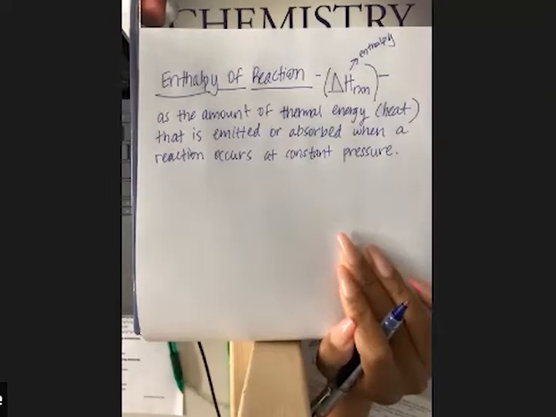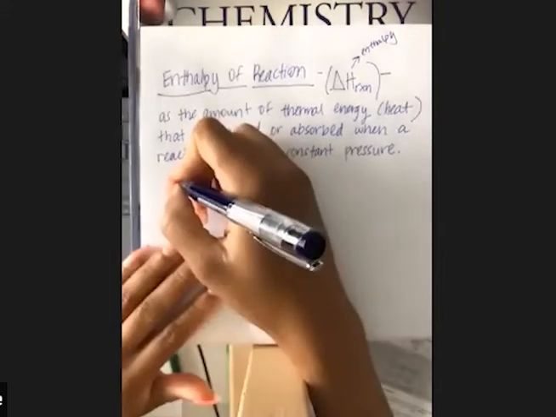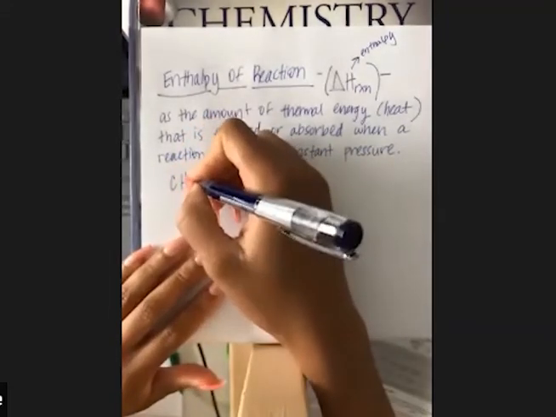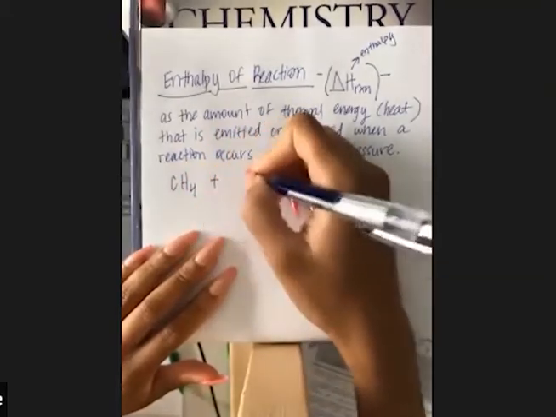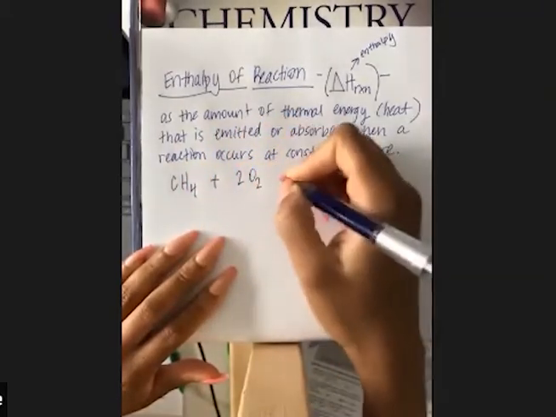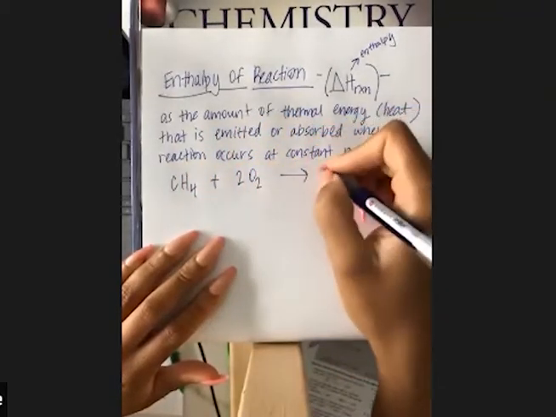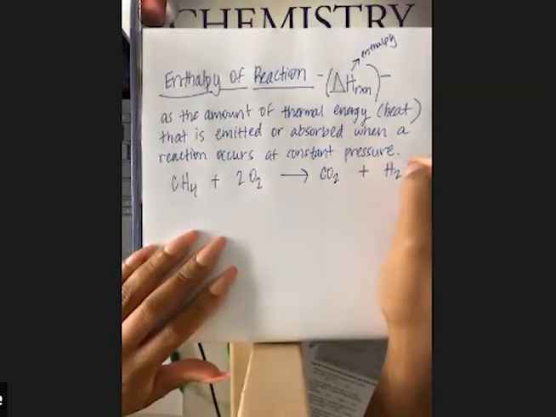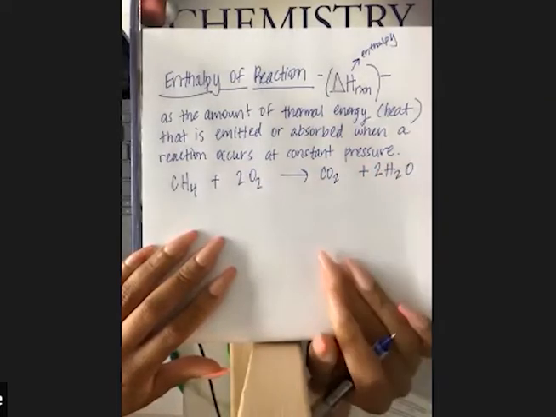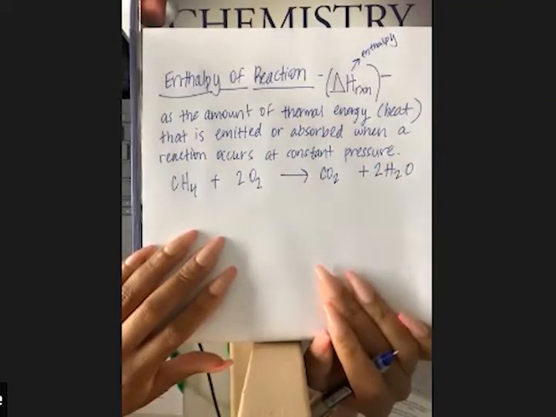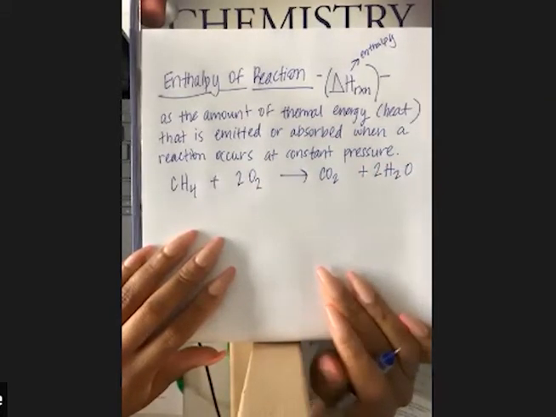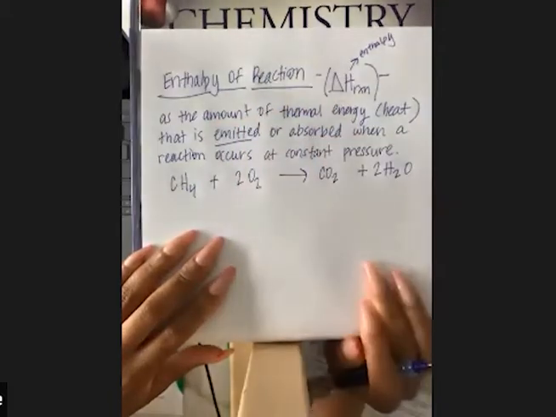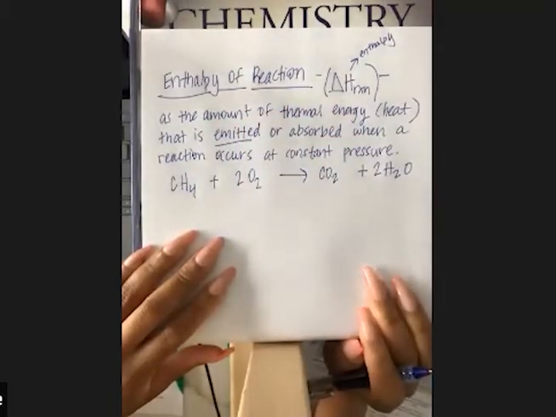Some reactions, like combustion reactions, remember, combustion reactions take a carbon and hydrogen compound, and in the presence of oxygen gas, it's always going to produce carbon dioxide and water. So this is a combustion reaction of methane gas. Combustion reactions always emit heat, meaning they always give off heat.